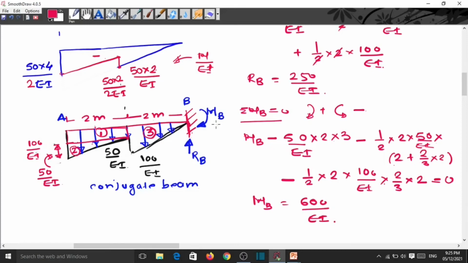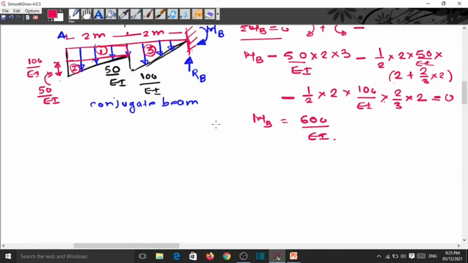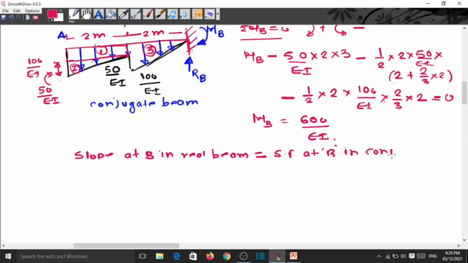So next is to find the slope and deflection at the free end. Slope at B is equal to the slope at B in the real beam, which is equal to the shear force at B in the conjugate beam.